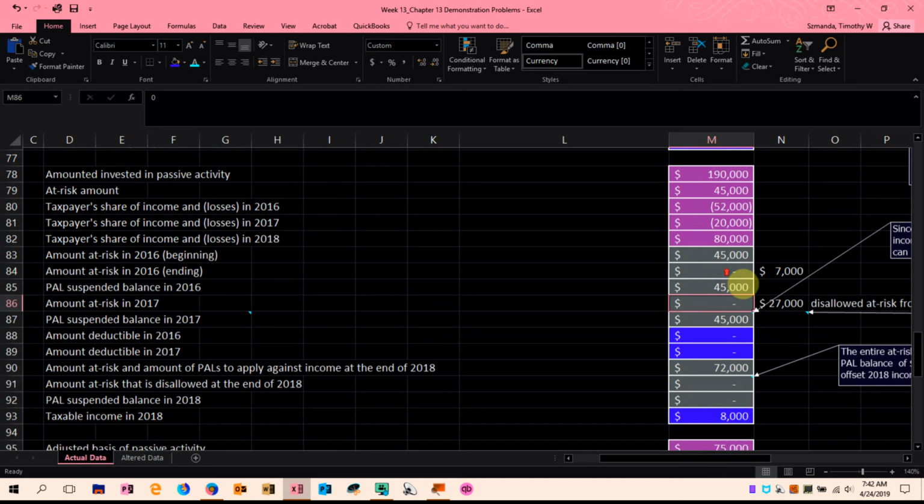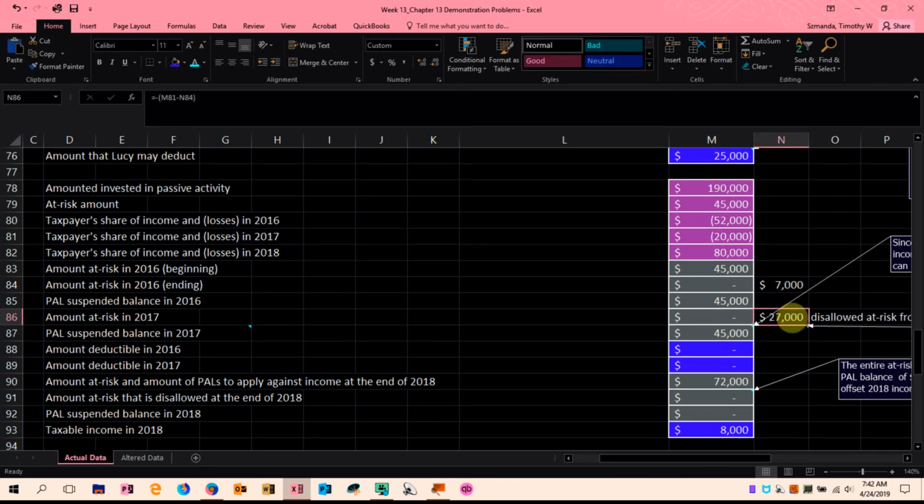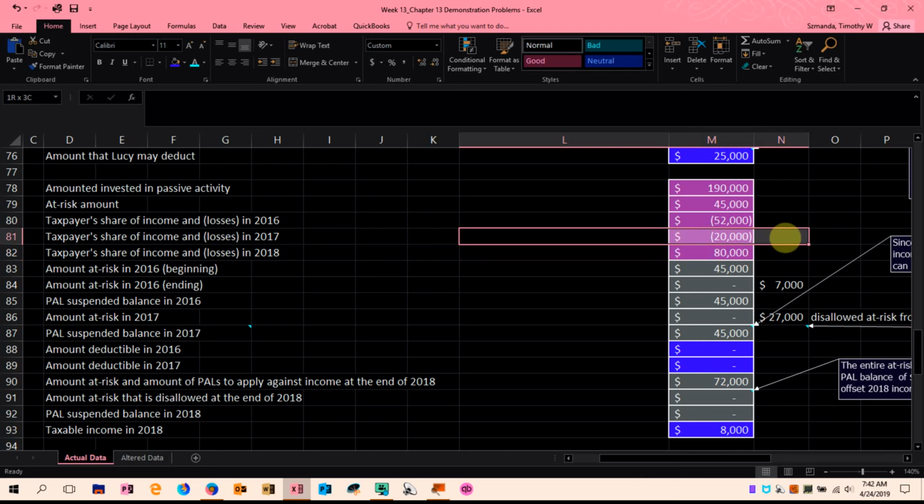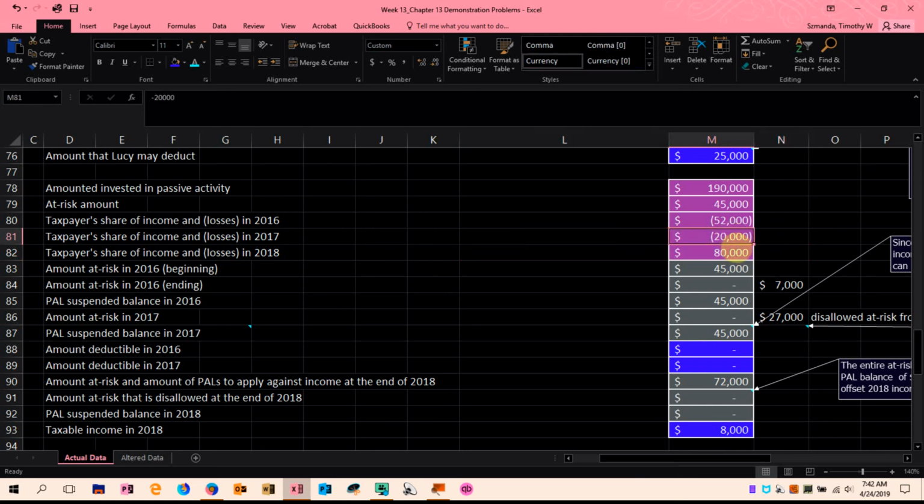The total amount disallowed as of the end of 2017 of these at-risk losses is the $7,000 we started with, plus we lost an additional $20,000 in 2017. So the $20,000 plus the $7,000 is $27,000 of disallowed at-risk losses. So our at-risk amount is still 0 at the end of the year.